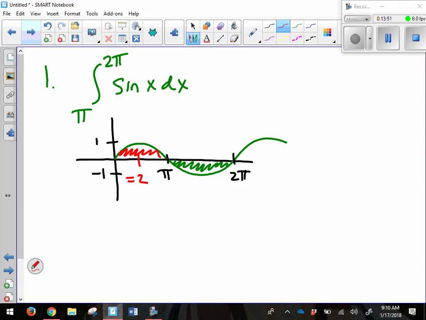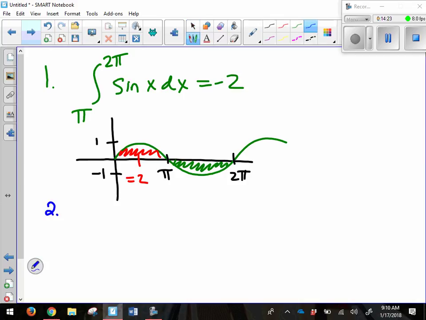But now, like we just talked about with negative area, because it is below the x-axis, it's going to be the same amount of area, but negative. So the integral from pi to 2 pi of sine x dx is going to be equal to negative 2. All right, we good? So how about number 2?